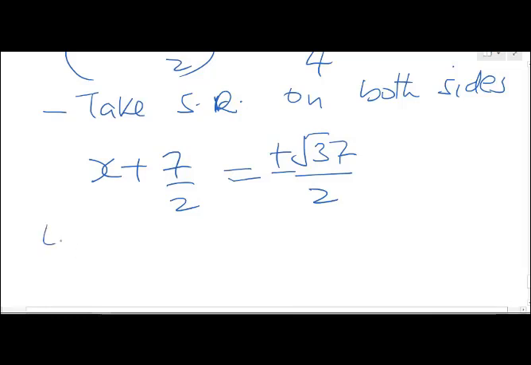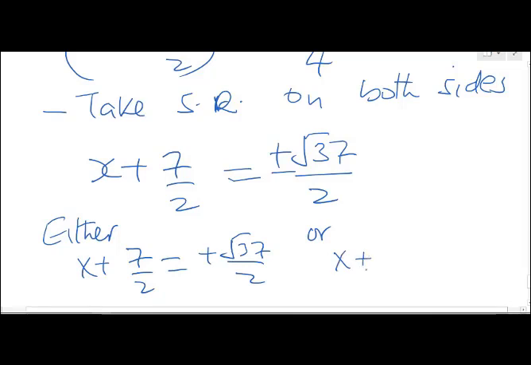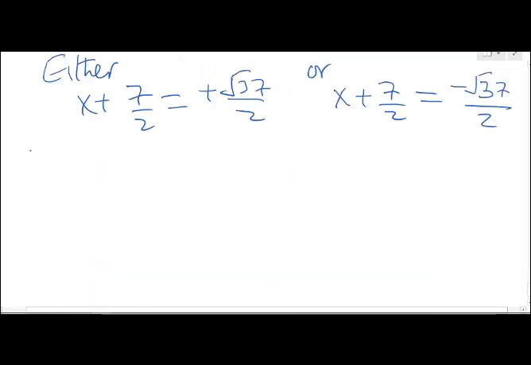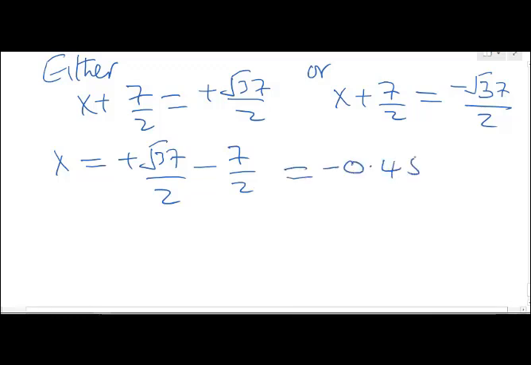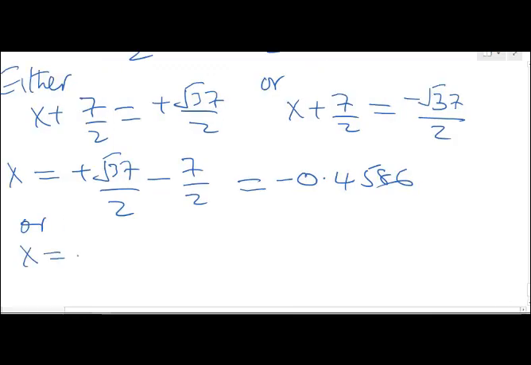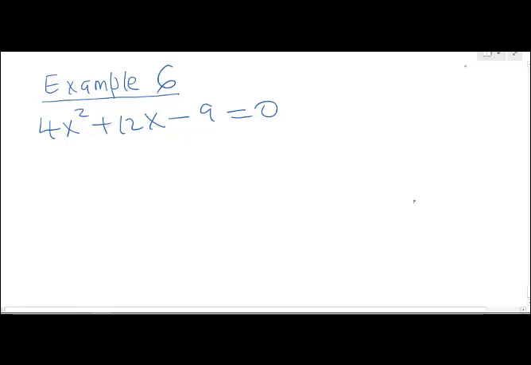That is, we have either x plus 7 over 2 is equals to plus root 37 over 2, or x plus 7 over 2 is equals to minus root 37 over 2, which simplifies to x is equals to plus root 37 over 2 minus 7 over 2, which is equals to minus 0.4586, while x is equals to minus root 37 over 2 minus 7 over 2, which is the same as minus 6.5414.